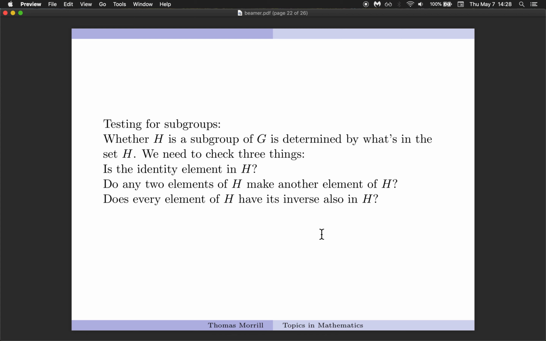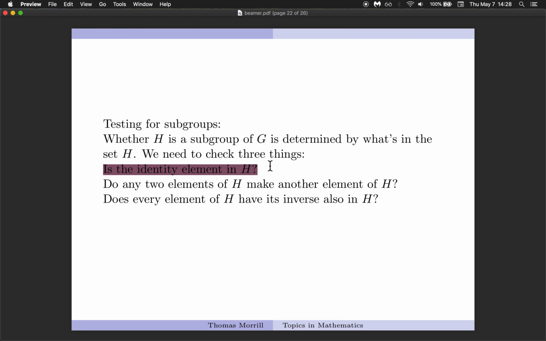What are my group axioms? Well, I need to have an operation, right? But that's already been given to me because I already said, say, that the set of rational numbers is a group under addition. And I already know that that operation plays nice with parentheses, right? It's associative just because G is already a group. There's only three things left to check.